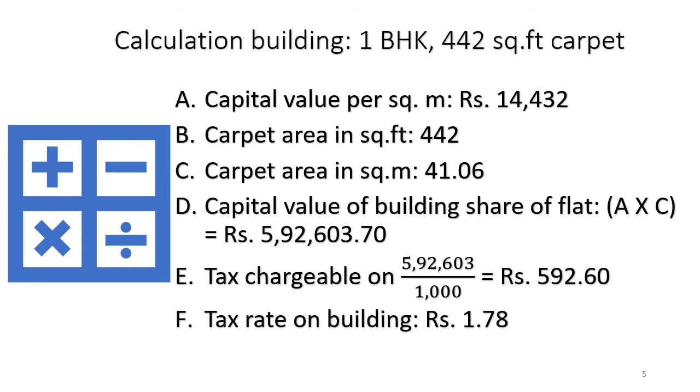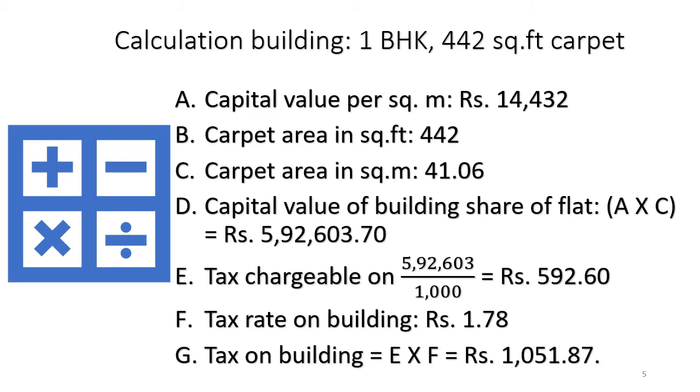So the tax rate we mentioned earlier was 1 rupee 78 paisa. So the tax on building, your share of the tax on building, if you are having a 442 square feet carpet area, works out to 1,051 rupees and 87 paisa.